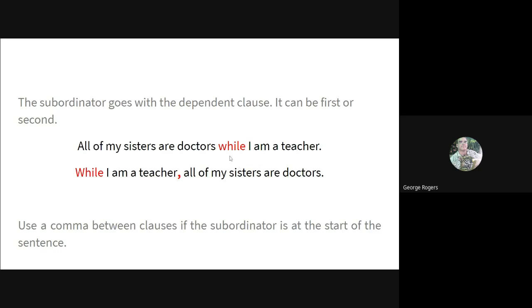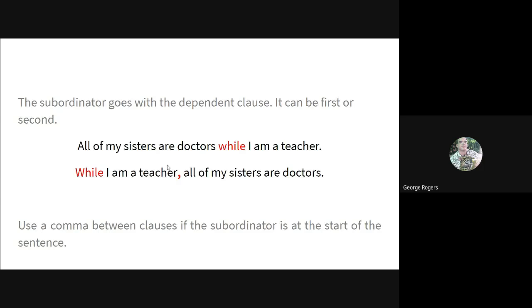This one could also be a standalone sentence. What do you do? I'm a teacher. But in this case, they're connected: all of my sisters are doctors while I am a teacher. This is the more important part, kind of saying that all of them are doctors, I'm a little different. And this is again contrasting. All of them are doctors, I'm a teacher.